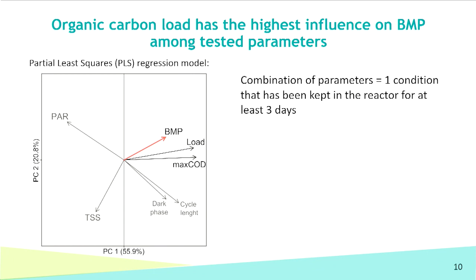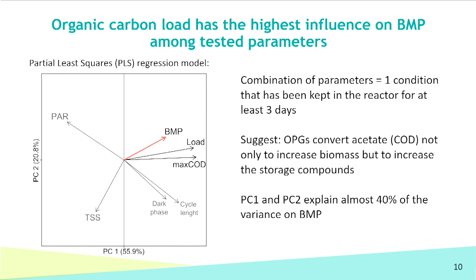These 2 parameters are the only ones that have a positive influence on the BMP, which is displayed in this red arrow for an easier understanding. Both principal components explain almost 40% of the variance on the BMP.